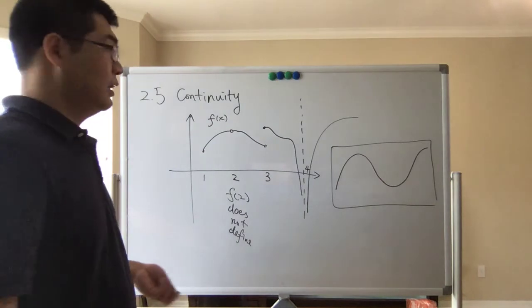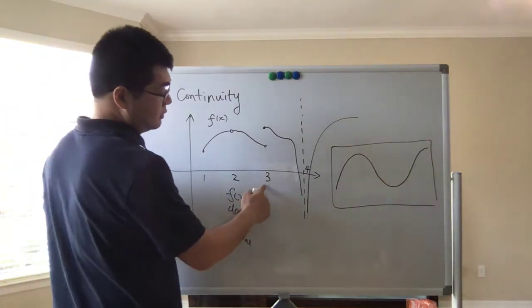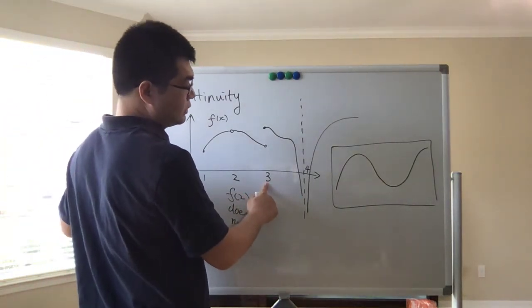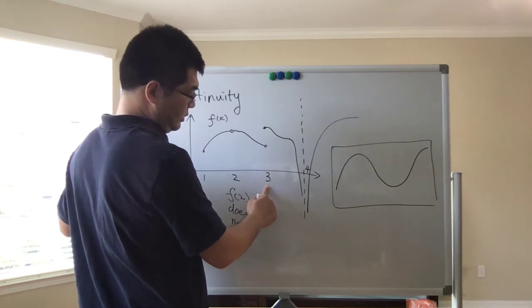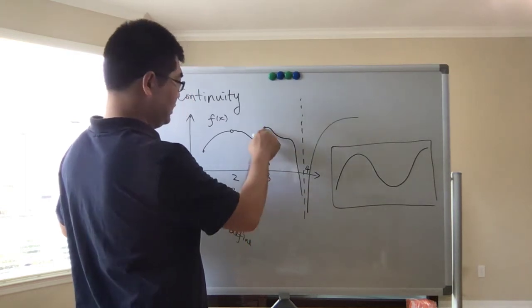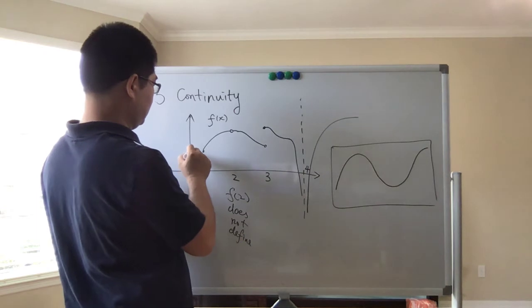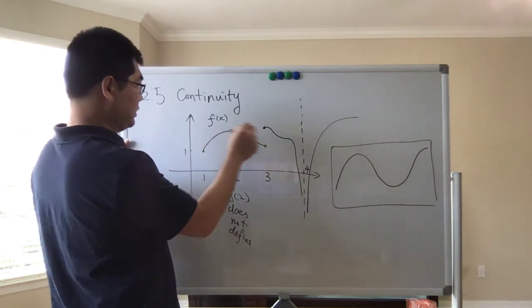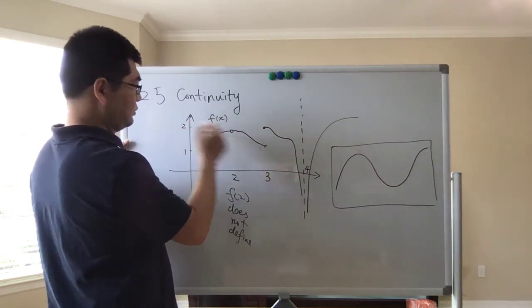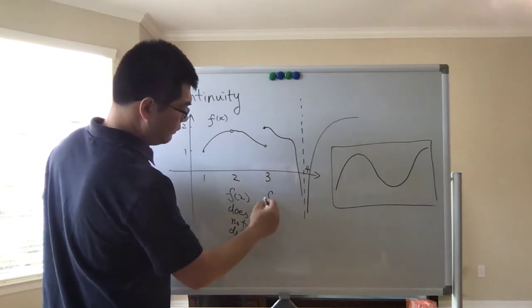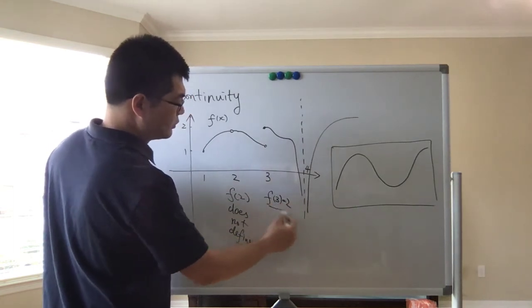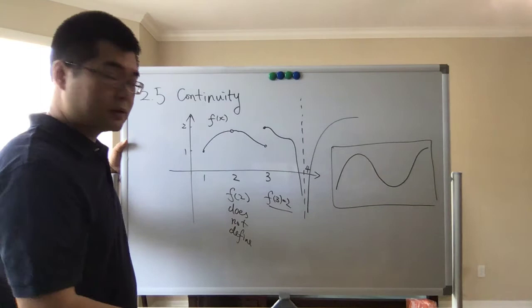Okay. Now let's move on to look at x equals c. Why is it discontinuous? Well, you can see, let's put it here, this part is 1, this part is 2. As you can see, f of 3 in this problem equals 2, right? It exists.